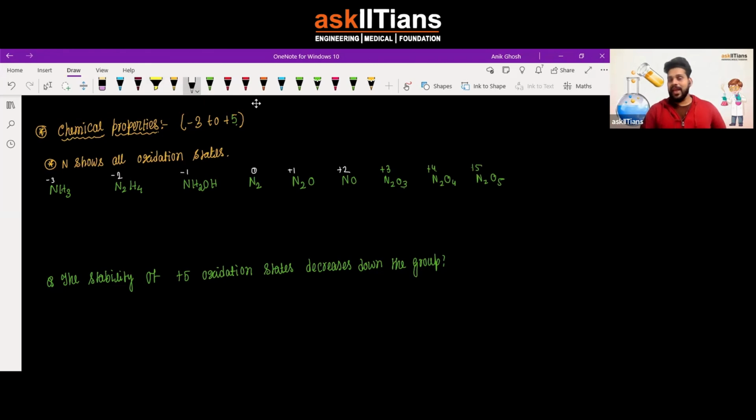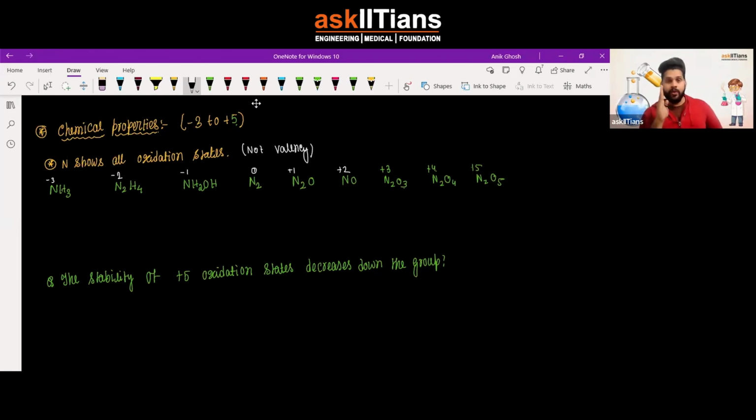Now, this carries a little bit of misunderstanding here, guys. Oxidation state and valency are not the same thing. So, it is oxidation state, not valency. Oxidation state is a terminology which is an arbitrary thing. Oxidation state doesn't even exist in real life, right?